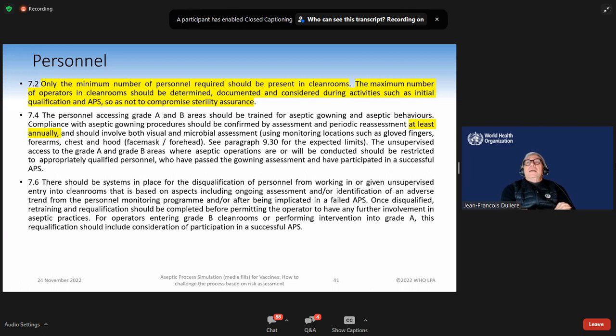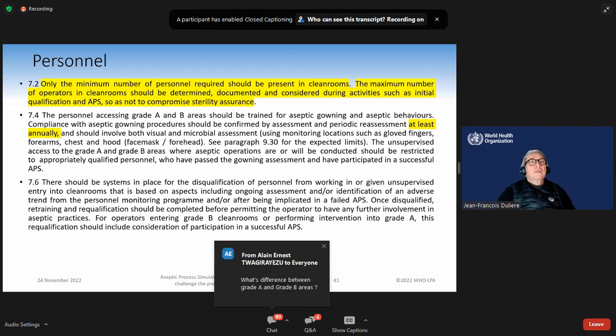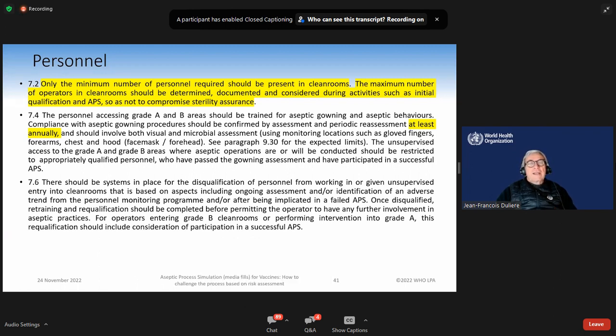So, in some training operations, you can do that out of grade A and B areas to train and retrain your staff. Some companies have built mock airlocks where they can check how people are gowning and wearing their gowning and their suit.